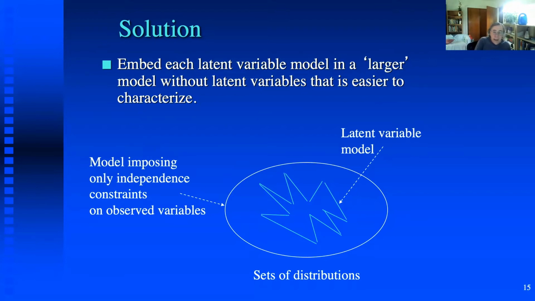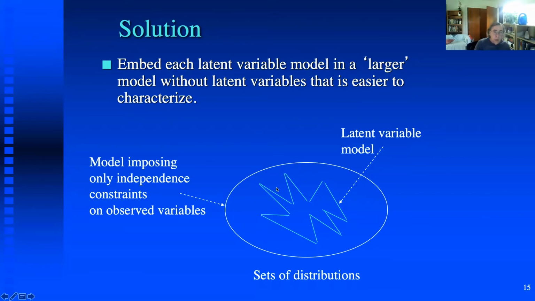Now that set of models, the models that only look at the independence constraints, do have a lot of nice features, and we can use those nice features to make search much easier, and to give the models a lot of nice properties, so that, for instance, there will, in many cases, be ML estimates that we can do.